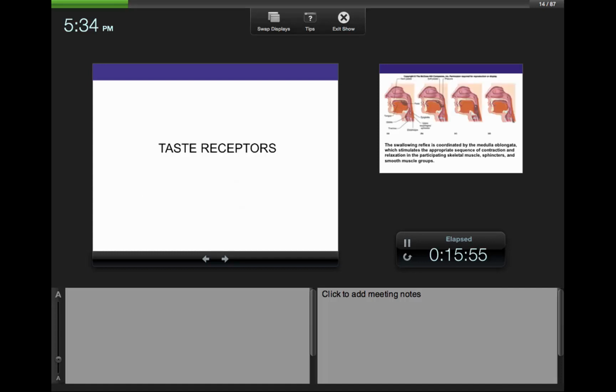Okay, taste receptors, cool stuff. I talked in both classes about the taste receptors in the gut. I think that's a really cool story. Just remember that those taste receptors detect glucose, but also even artificial sugars.